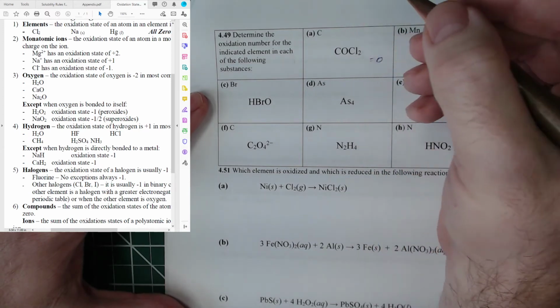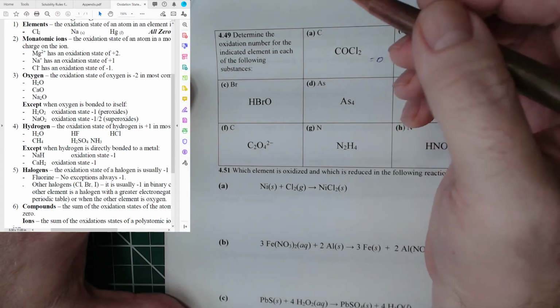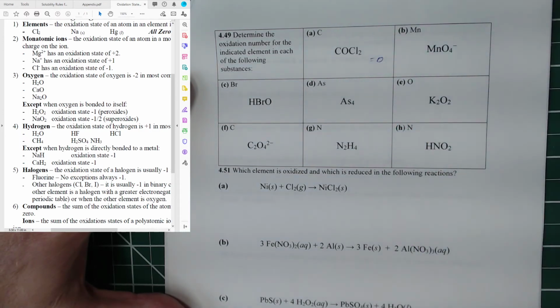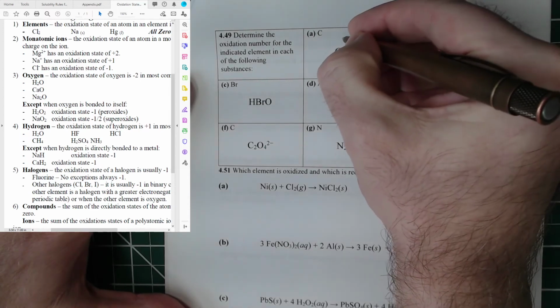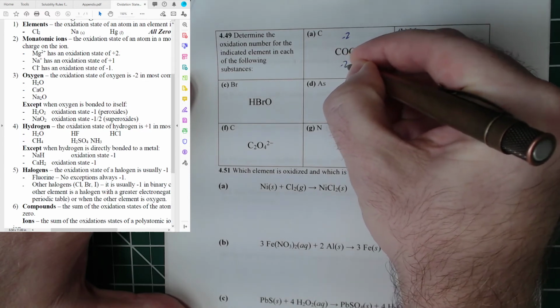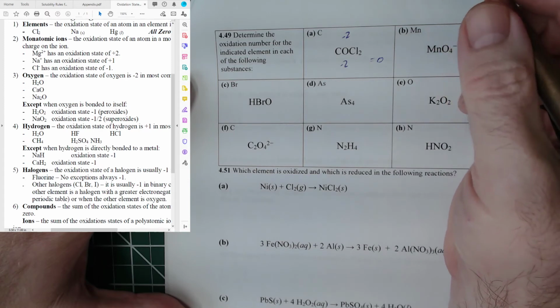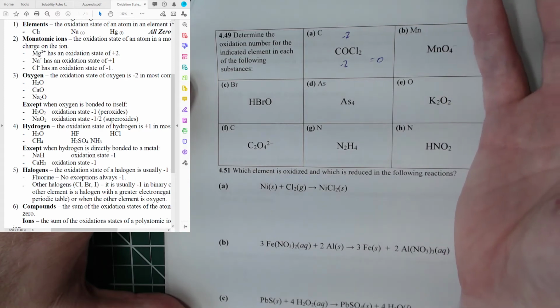So the total charge on this has to come out to 0. Since the total charge comes out to 0, we'll come over and look. There's no monatomic ions present, which is what Rule 2 says. Oxygen is present. Oxygen's -2. -2 times 1 is -2. And then our next rule, hydrogen is not present.